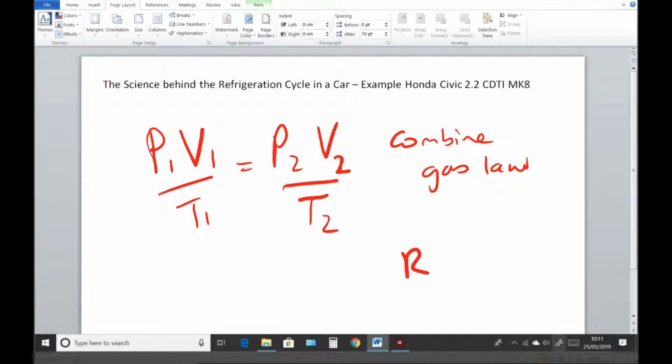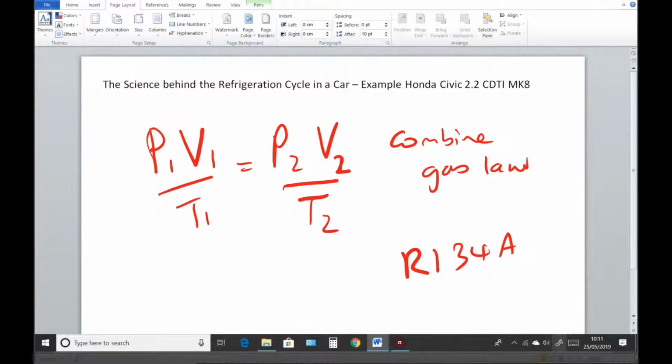Refrigerant, which is R134a in a car, is considered incompressible. But if it goes through changes, such as in the ports of a car, the condenser, the dryer, the evaporator, which I'll explain in a car, it can change from fluid to gas or vapor, in other words.